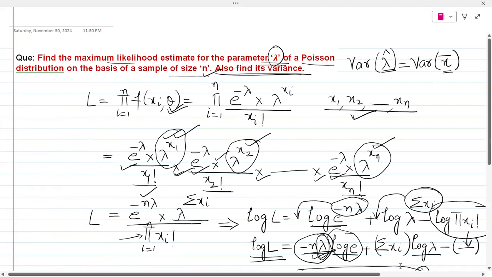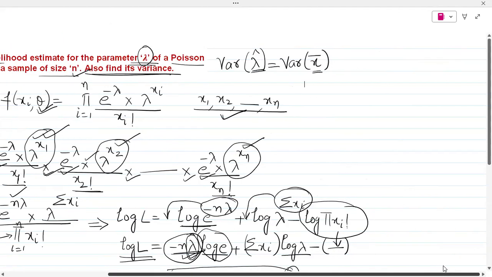What is the variance of the sample mean? It is sigma square by n, where sigma square is the population variance. For how this is equal to population variance, see lecture number 1 of estimation. And this sigma square, the population variance, is lambda, as I have already told you.